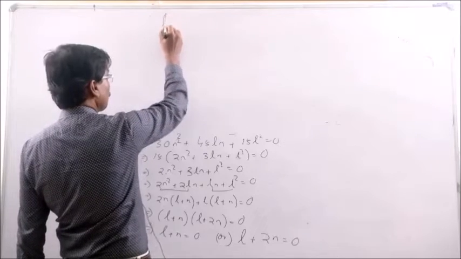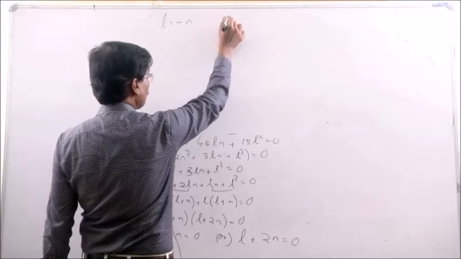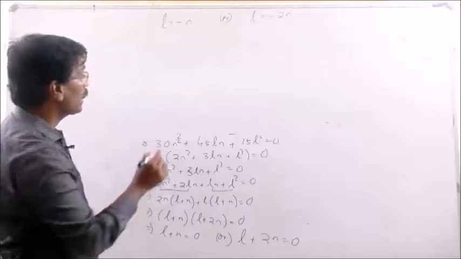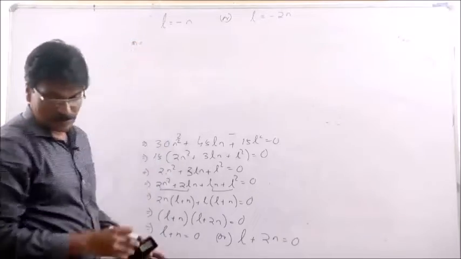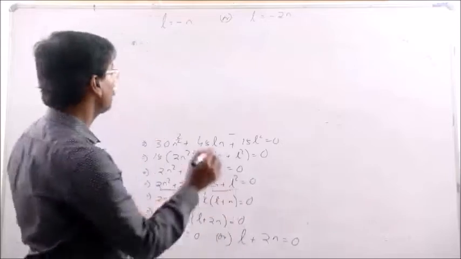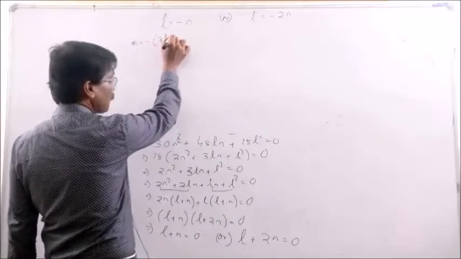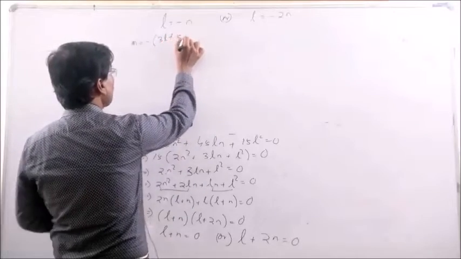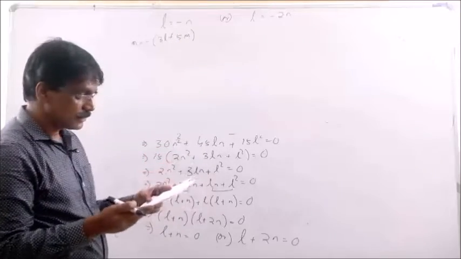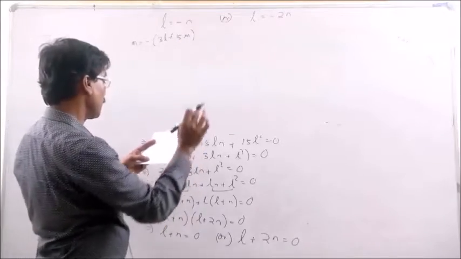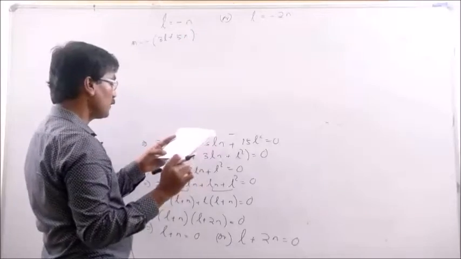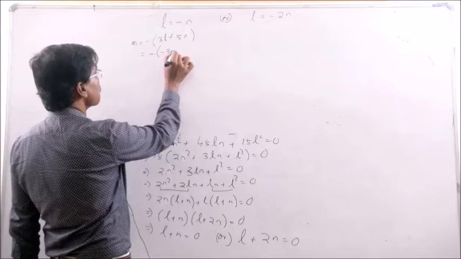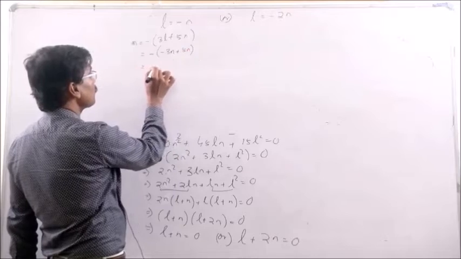So, l is equal to minus n or l is equal to minus 2n, but we have m is equal to minus (3l plus 5n), and putting the value of l, that is minus 3n plus 5n, that is equal to minus 2n.